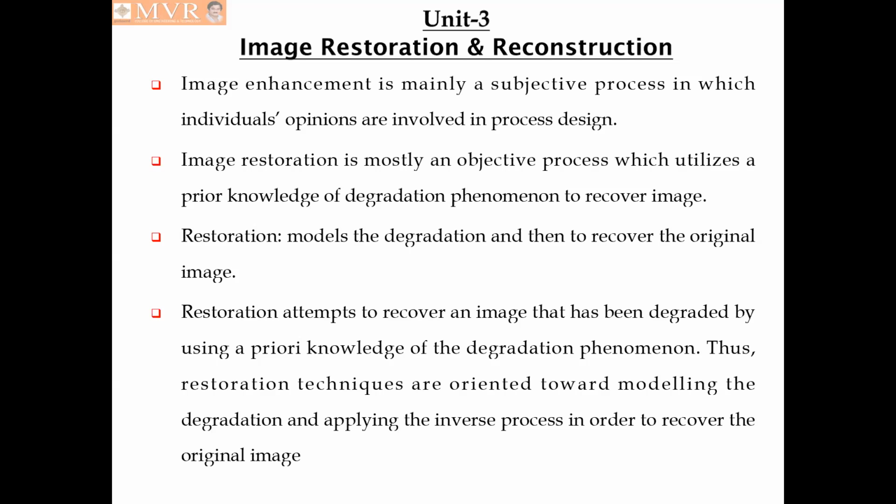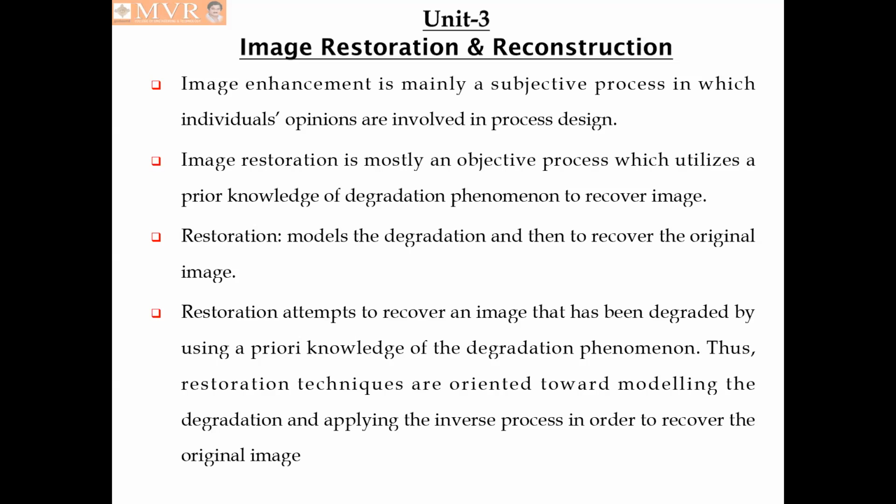The purpose of image enhancement and image restoration is the same. That is, we need to achieve good quality images. So by means of image enhancement, if you want to achieve good quality images, then we need to take a subjective process. That is, we take individual opinions. Based on the individual opinions, we design the process.